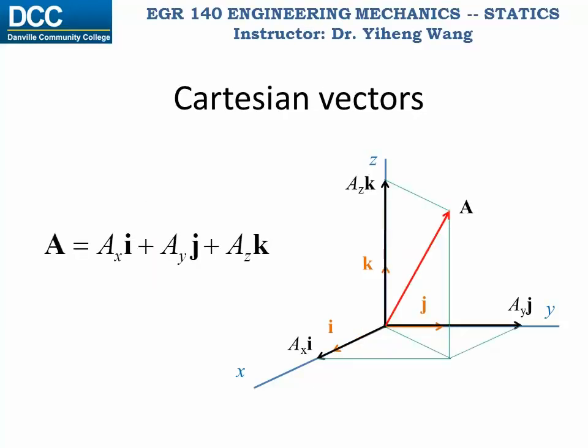Therefore, using the unit vectors i, j, and k, the component vectors along the x, y, and z axes can now be written as AX i, AY j, and AZ k, with AX, AY, and AZ being the magnitudes of the component vectors. When a vector is expressed this way, we call it a Cartesian vector.